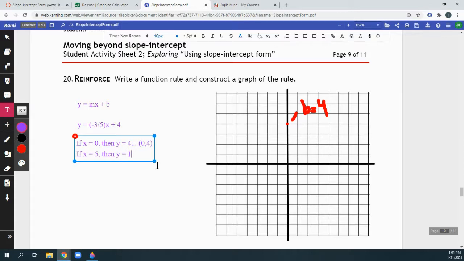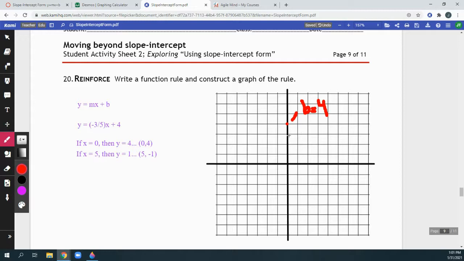I guarantee you that's true. Now I can plug it in and do all of that math. Or I can just notice, and here's how I picked that number, because I have done math before. 1, 2, 3, 4, 5.